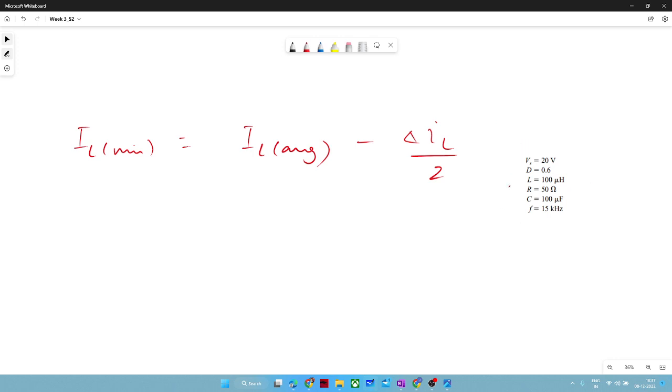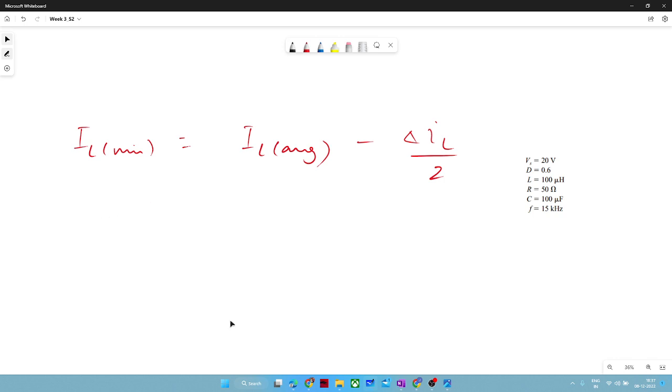Whatever values we are given, we just need to calculate with these values. IL average, we can write in terms of IS also, ID also, or I naught also. Since I naught is not given, we need to move towards Vs. We need to find IL in such a manner that we could identify the value of IL with the help of Vs, D, F, L, and R.